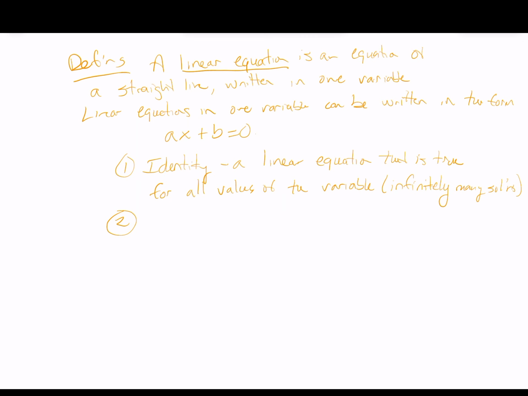A second case is an inconsistent equation. That's a linear equation with 0 solutions. And then finally, we have a conditional equation.